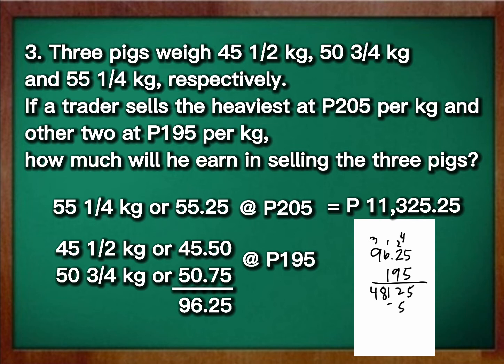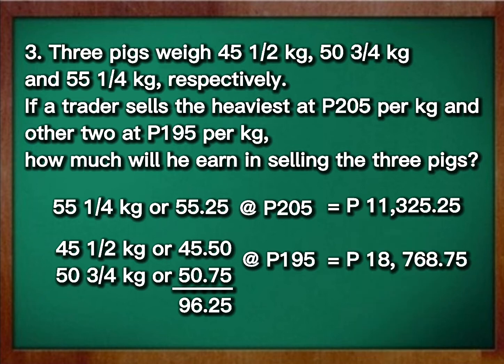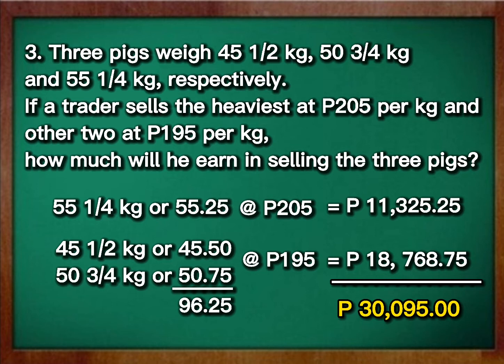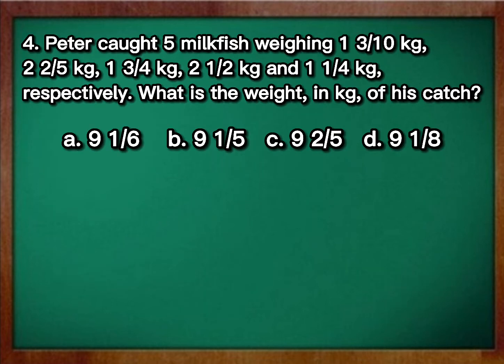Multiplied by the price per kilo, that's 195. That gives us 18,768.75. So the total earnings of the trader is 30,095 pesos.